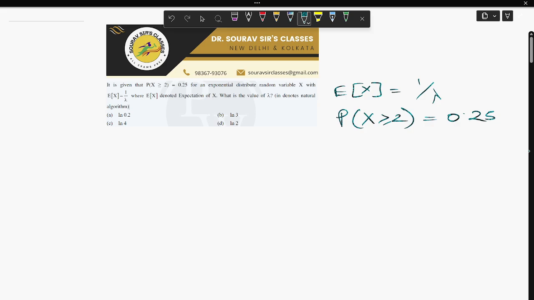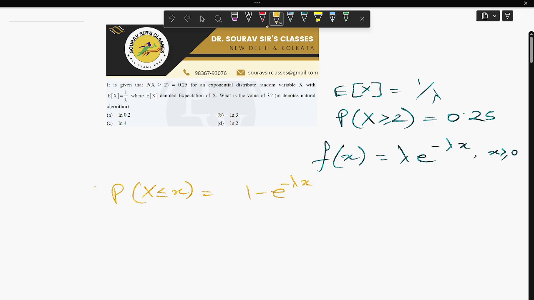So now we are going to recall properties of the exponential distribution. For an exponential random variable x with rate parameter lambda, the probability density function, that means the PDF, is f of x equals lambda e to the power minus lambda x, where x is greater than or equal to 0. The cumulative distribution function, that means the CDF, is the probability of X less than or equal to x, which equals 1 minus e to the power minus lambda x, where x is greater than or equal to 0.